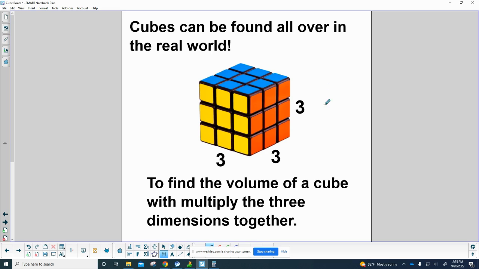So in this case, you'd have 3 times 3 times 3, and that equals 27. So when you multiply these 3 dimensions together, that's like saying you are cubing the number. And that's why, because we're talking about the volume of a cube. So 3 cubed is 27.